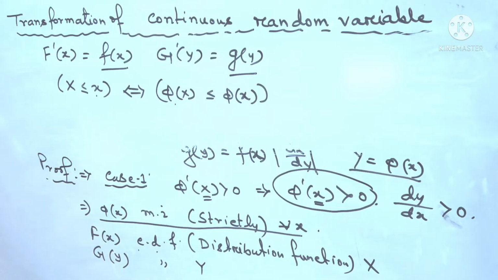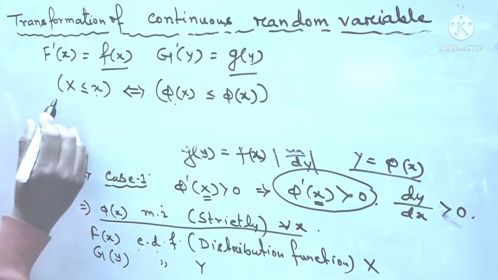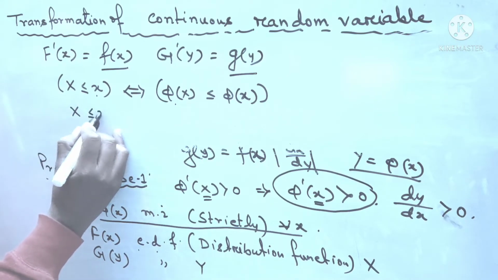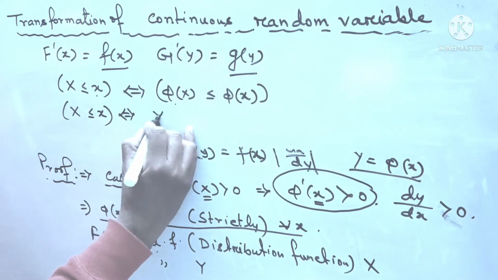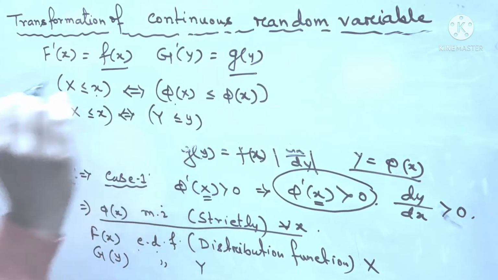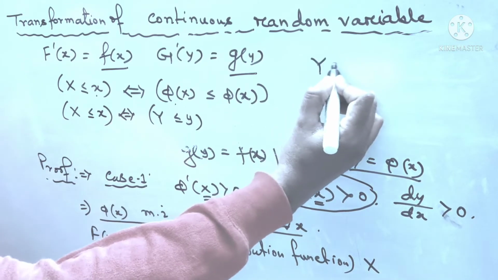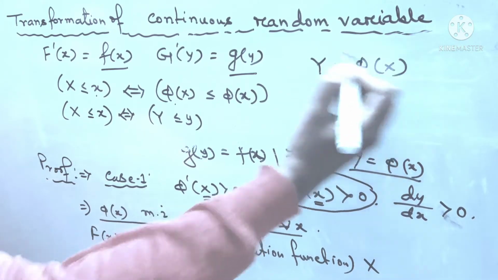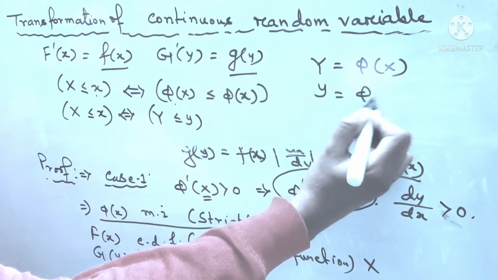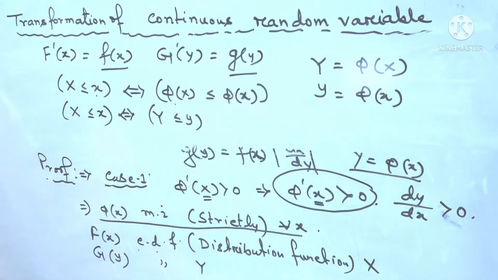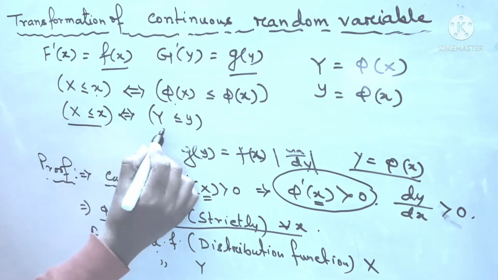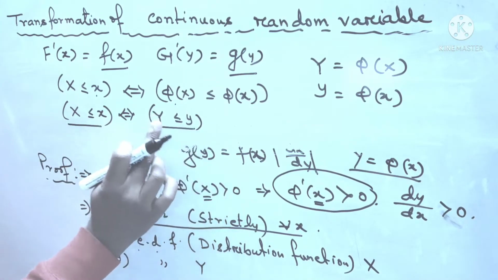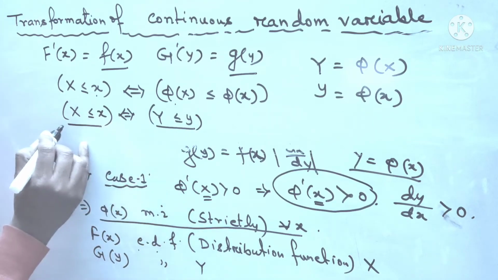And in the concept of probability, we say that capital X less than or equal to small x implies and is implied by capital Y less than or equal to small y, because this event implies this event, and this event is also implied by this event.